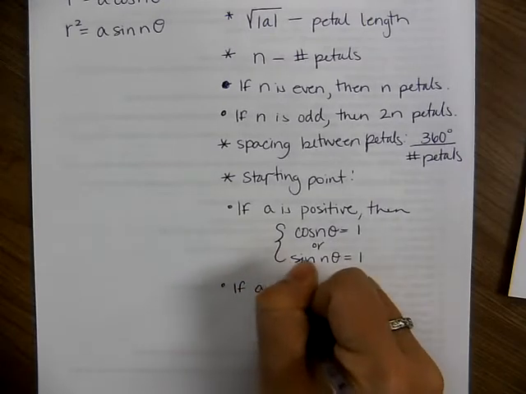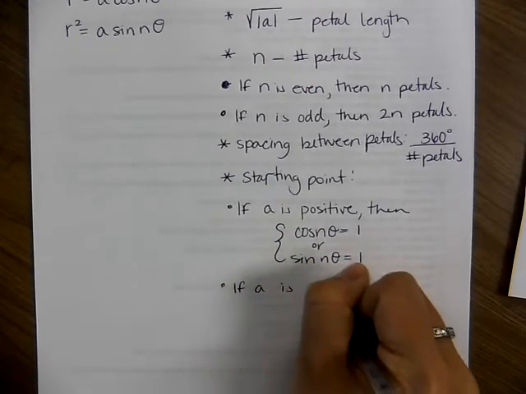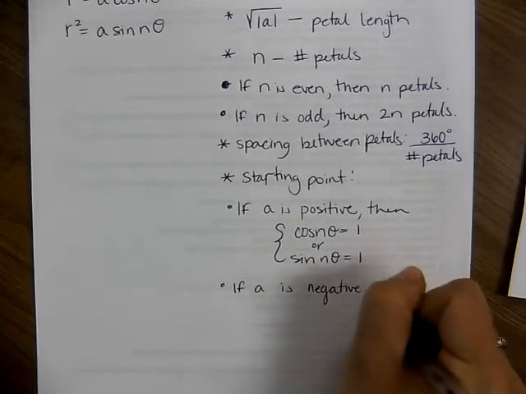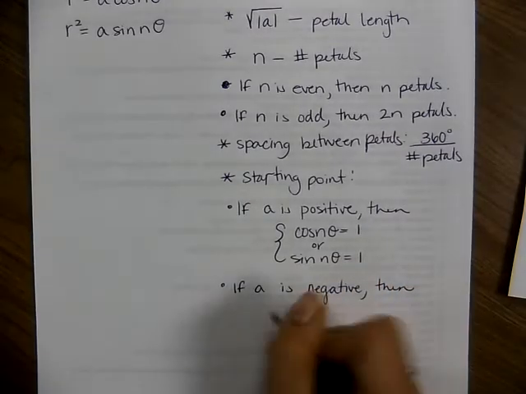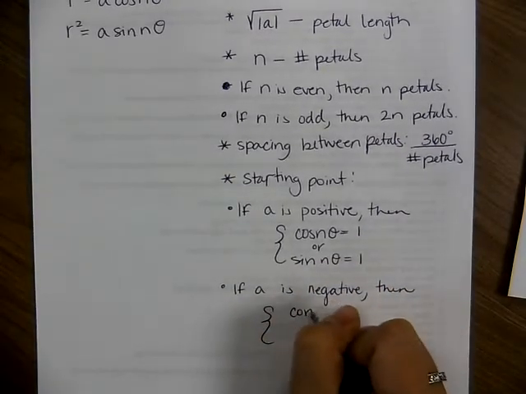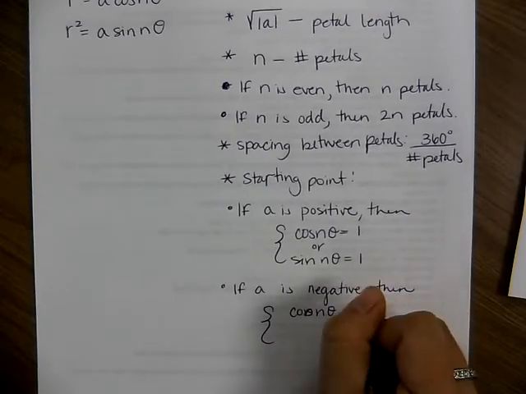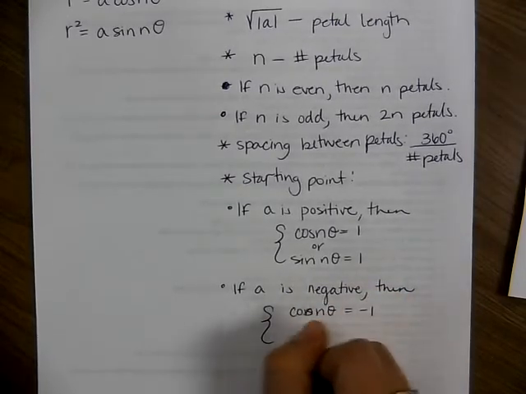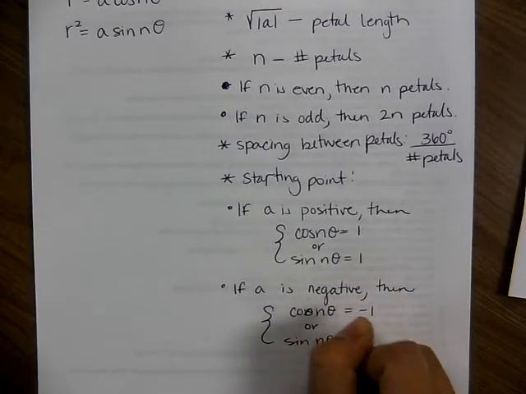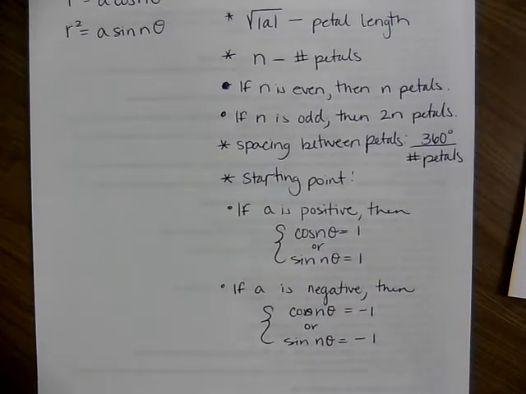If A is negative, then you're going to take either cosine of n theta and set it equal to negative 1, or sine of n theta and set it equal to negative 1.